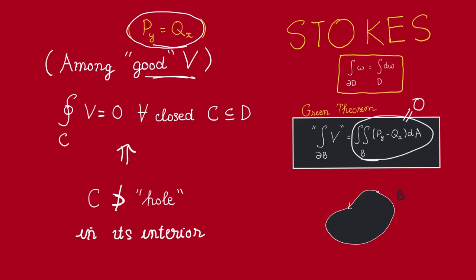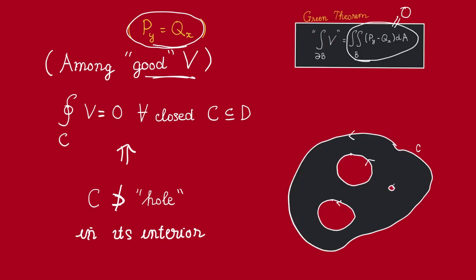Thus, if C is the boundary of a region like this with no hole inside, then the integral of V along C must be 0. Now let's see what happens when C contains some holes. In that case, the integral of V along the boundary of this region B is still 0, but the boundary of B now is no longer C. It's going to be C minus C1 minus C2 minus C3 if we fix an orientation.